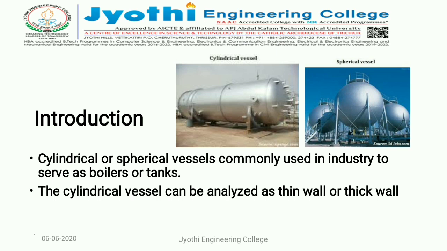Here we are going to deal with cylindrical pressure vessels. Cylindrical pressure vessels are mainly classified as thick cylinders and thin cylinders. Next we are going to look at how a cylindrical pressure vessel is classified as thick or thin-walled.